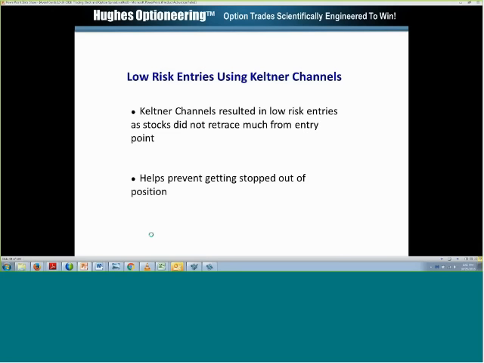So the Keltner channels in these examples resulted in low-risk entries as the stocks did not retrace much from our entry point, and this helped prevent us from getting stopped out of our stock position.